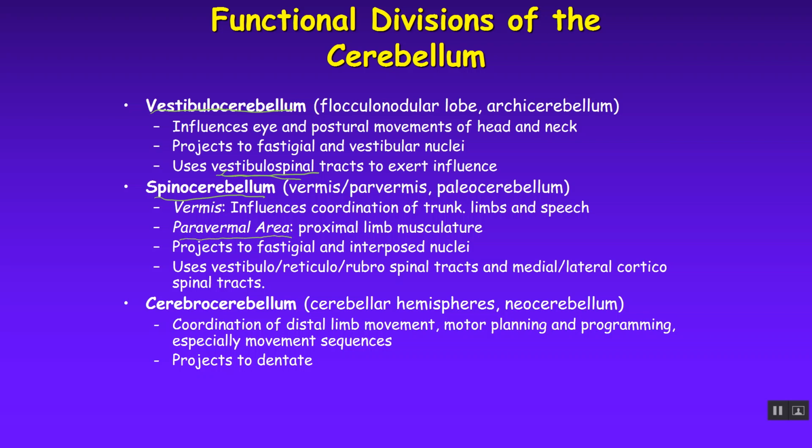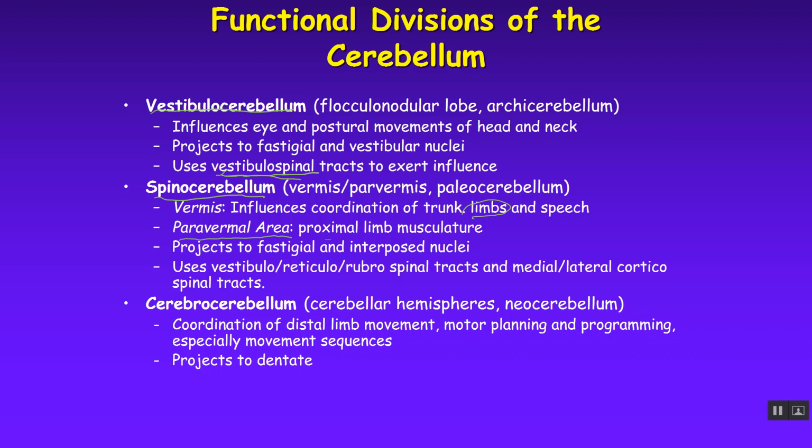The paravermal region, so the spinal cerebellum includes the vermis and the paravermis. The paravermal region has to do more with the real proximal limb musculature. The vermis, it's a little more distal.